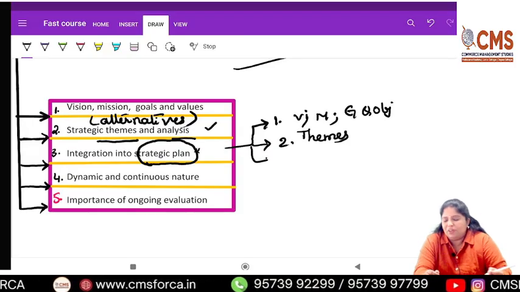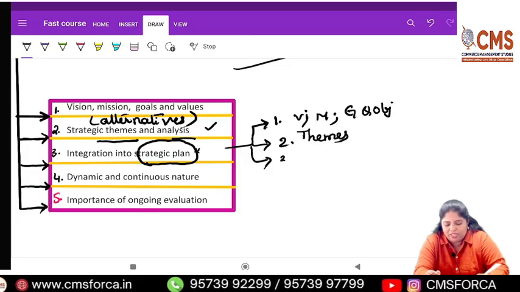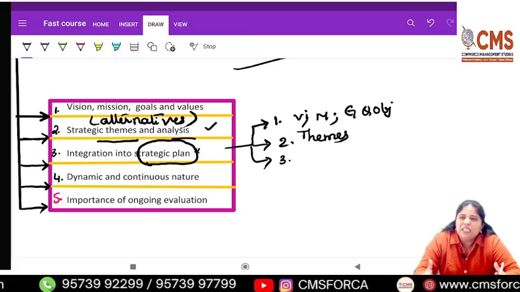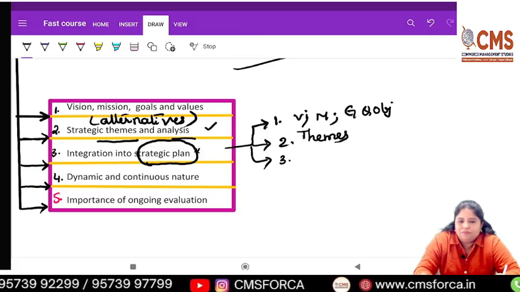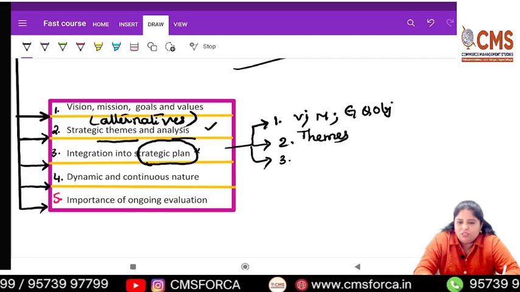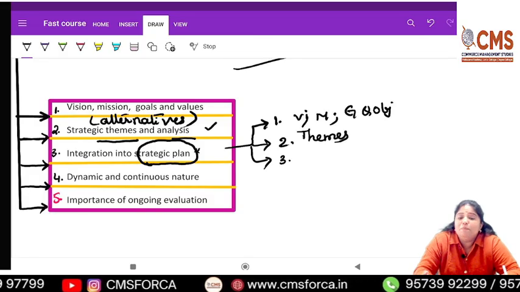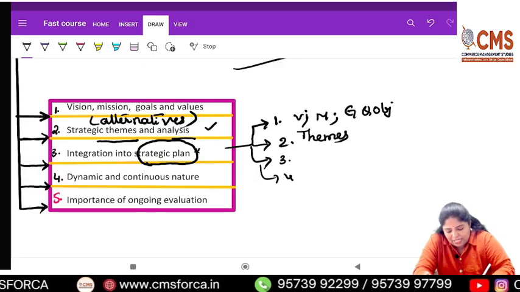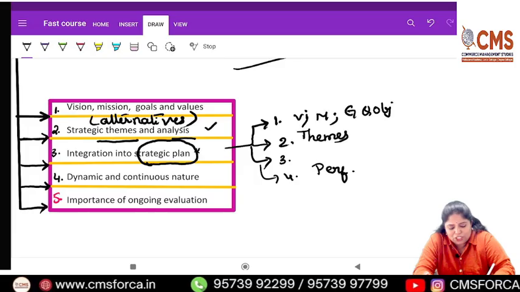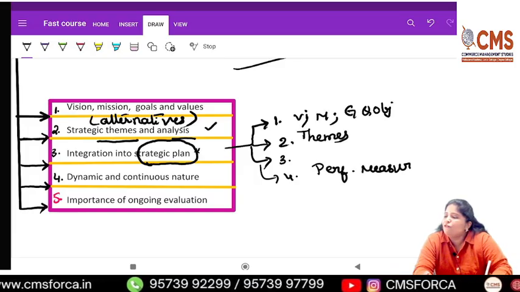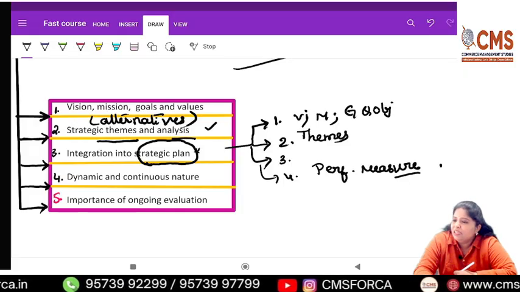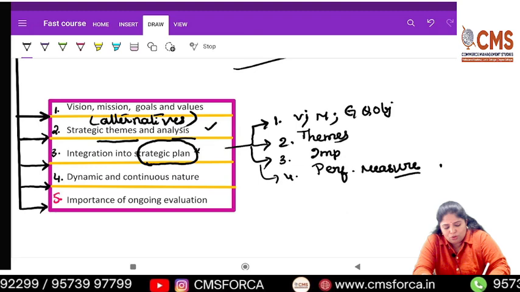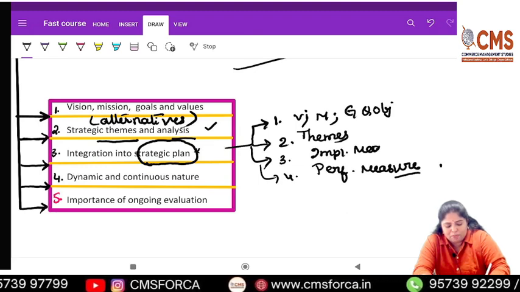The third component is basically all the steps I take to make sure that strategy is well implemented. And the fourth component is a performance measure to ensure how well the strategy has been implemented. So here we are going to include all the implementation measures.